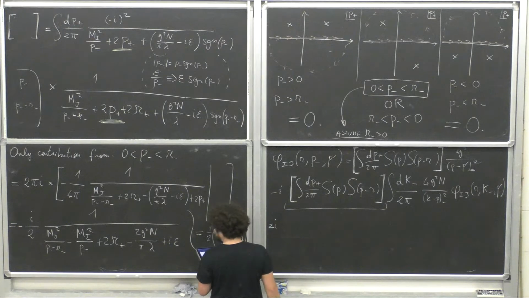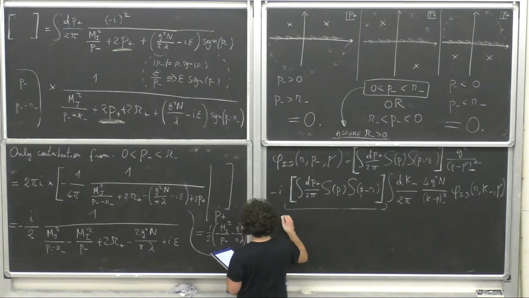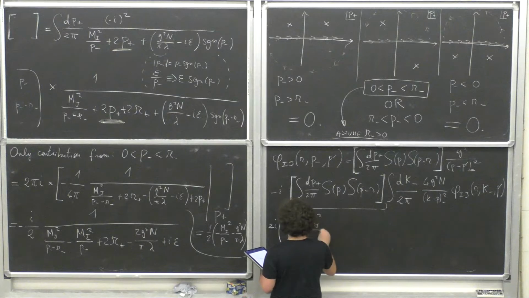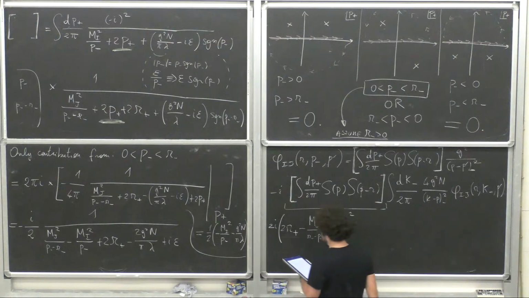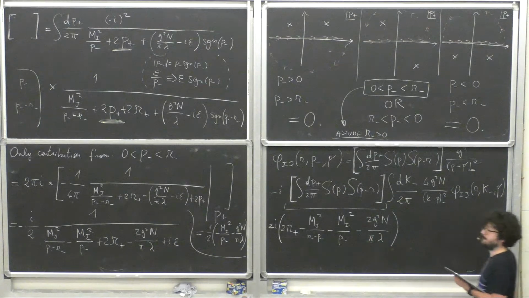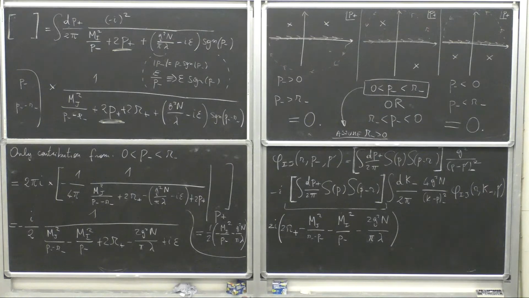2i, which is famously the inverse of minus I over 2, times 2r plus minus mj squared divided by r minus minus p minus mi squared divided by p minus 2g squared n over pi lambda, okay, times our phi ij.